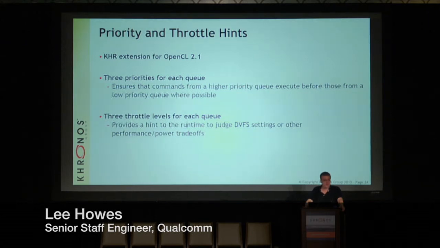This is useful for mobile devices to start giving hints. So programs running on mobile devices can give hints to the device so that they can improve the power and performance relationship. And that was a specific request from device vendors.